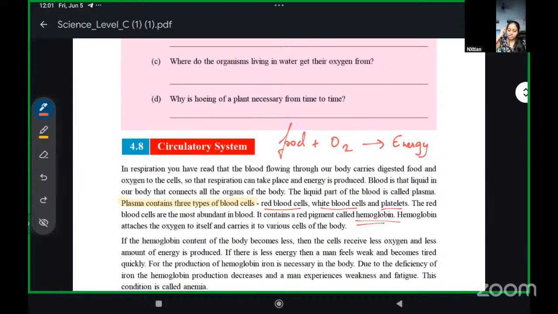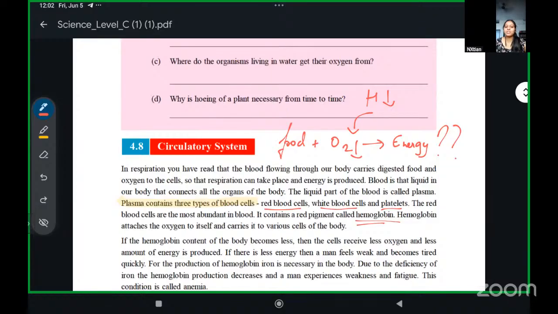When the hemoglobin level is low, the oxygen will also be low. And when the oxygen is not reaching the cells, how will the cells get energy? So this is why when hemoglobin is low, people feel weakness. If it is very low, people also faint.